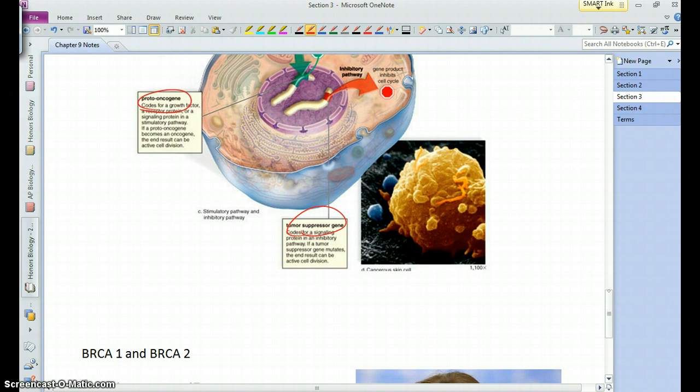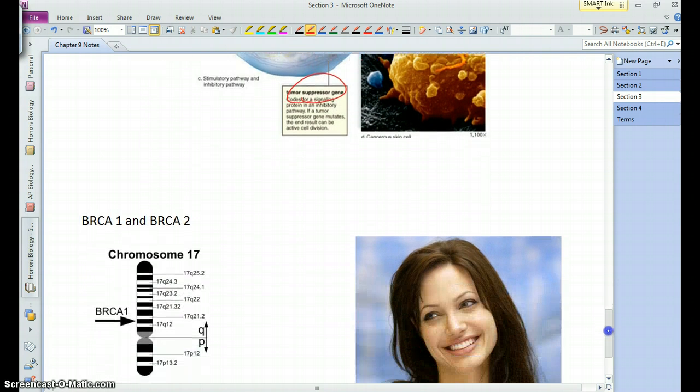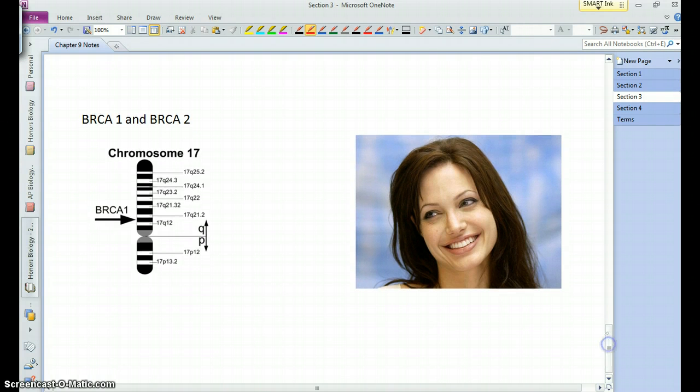Here's a well-known example of a gene that in a certain form can promote cancer. I have a picture of Angelina Jolie here because she made news recently because she got tested and knows she has a form of these BRCA genes, as they're called, that gives her about an 80% chance of having breast cancer.